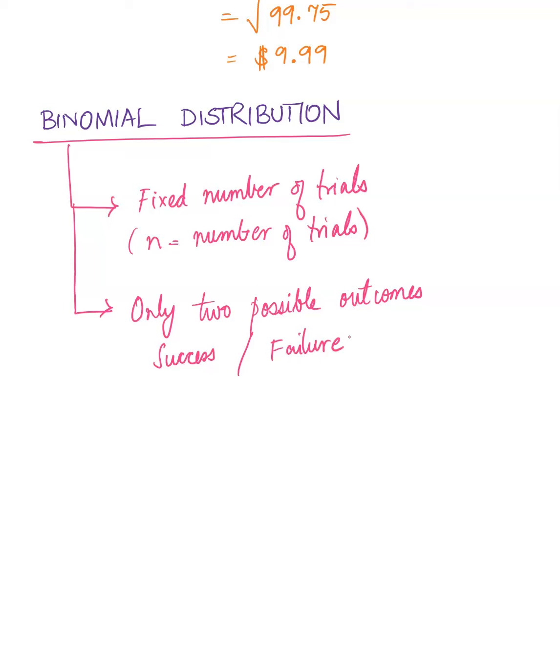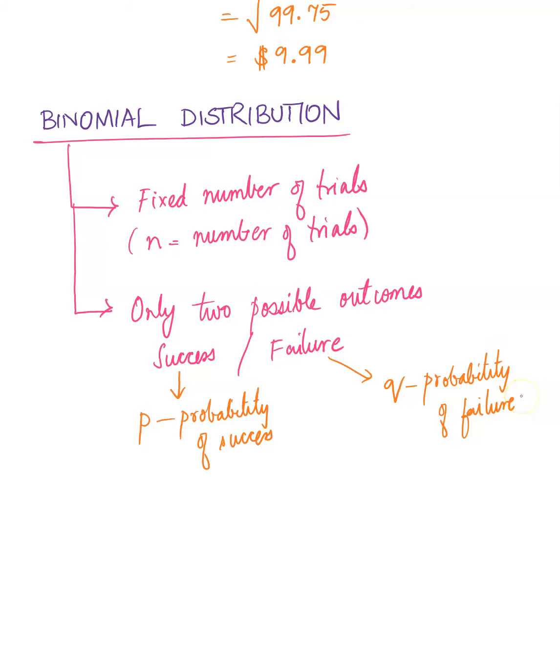All right. Now for the success, we use P, lowercase p, as the probability of success. And for failure, we call it Q, which is the probability of failure. So you know that probability of success plus probability of failure must be the entire probability, 1, isn't it?